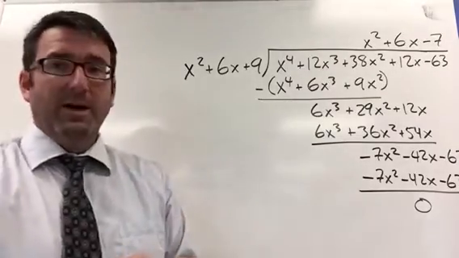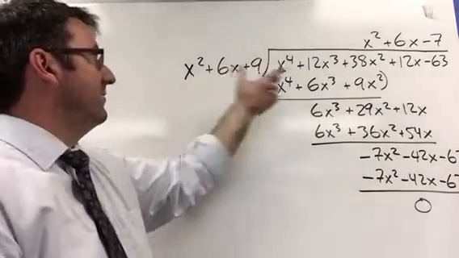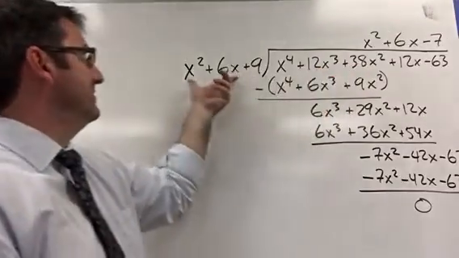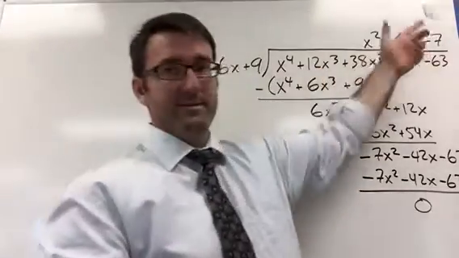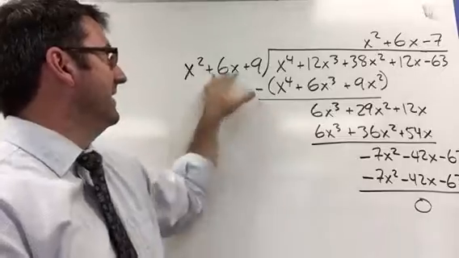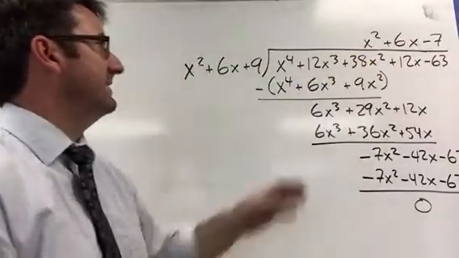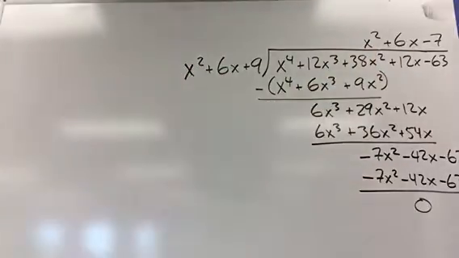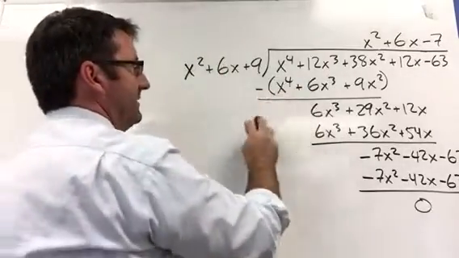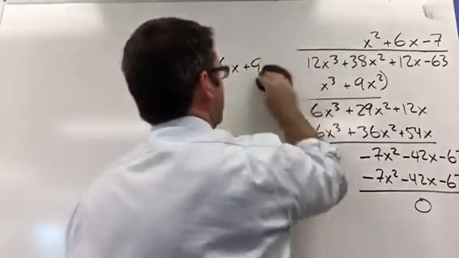So now we've broken this down into this times this. That's what we do when we divide. We break things down into factors. So we've got 2 factors now, and so I'm going to erase all of this.